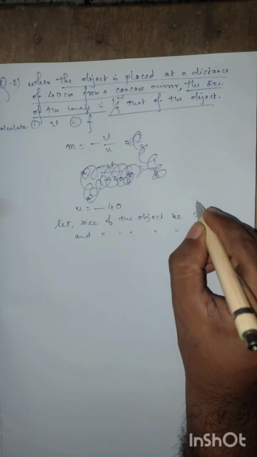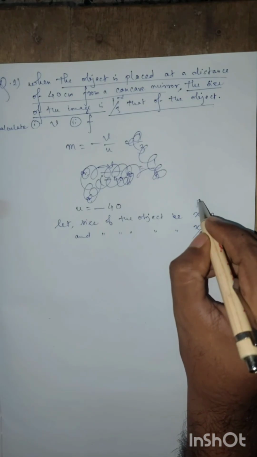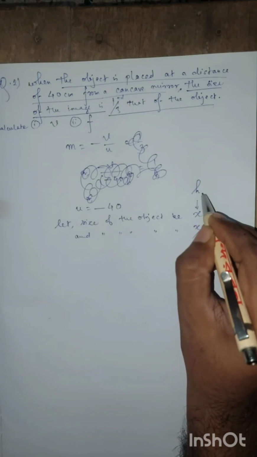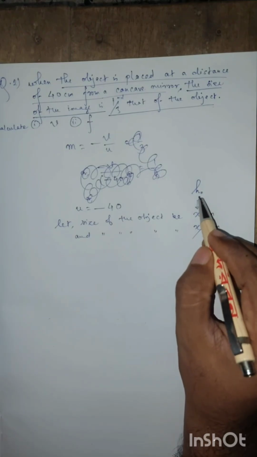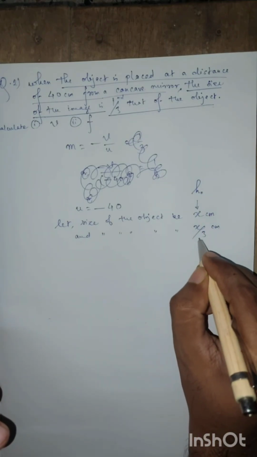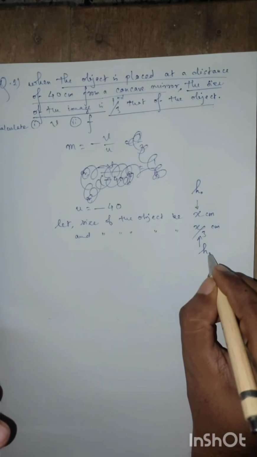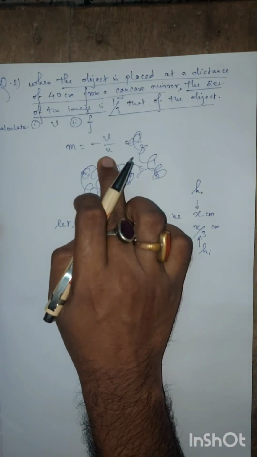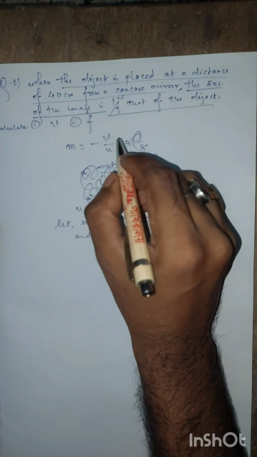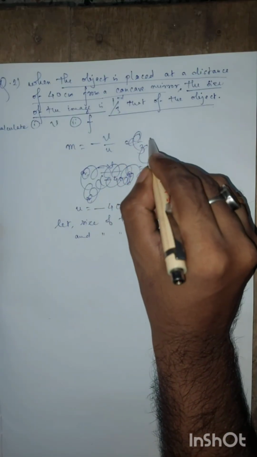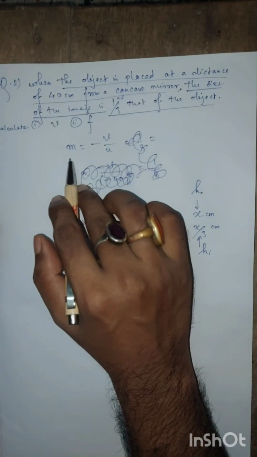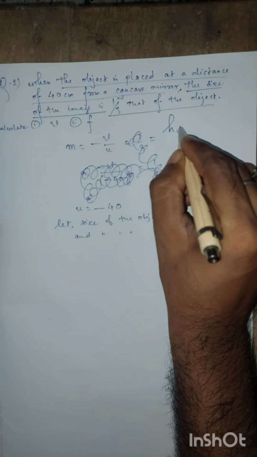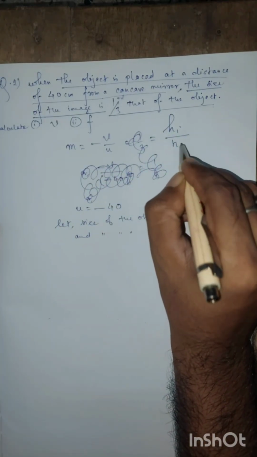This is our HO, height of the object, and this is our HI, height of the image. So this is our formula for magnification, which is also equal to m equal to minus v by u equal to, we can say, height of image by height of object.